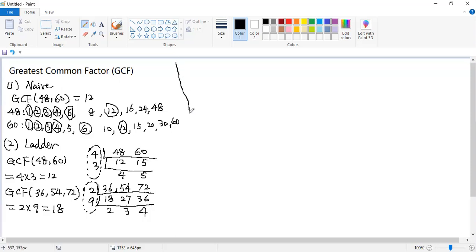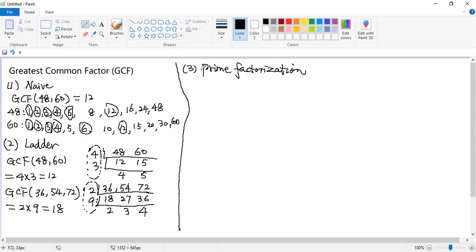We can also use another method to solve this problem. This method uses prime factorization.